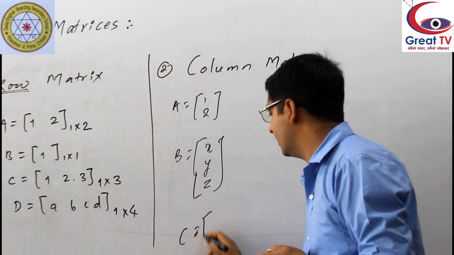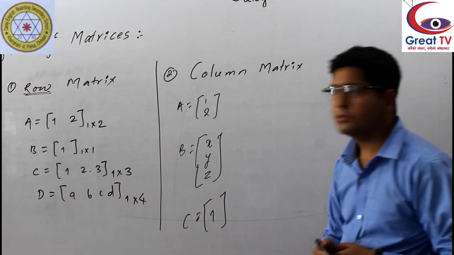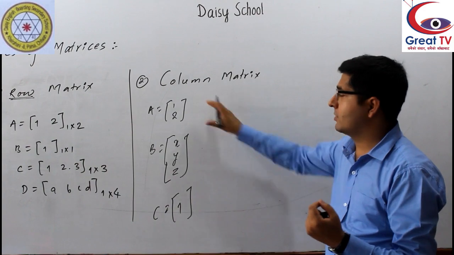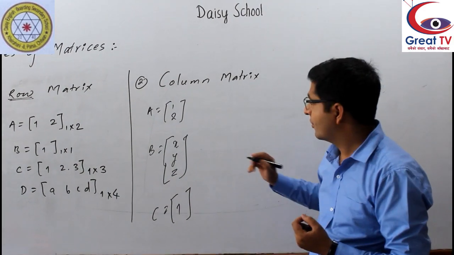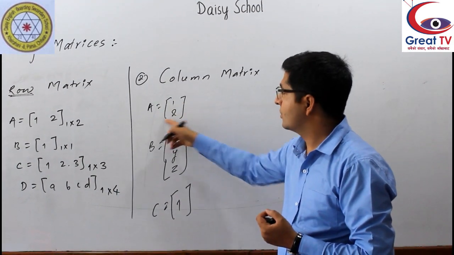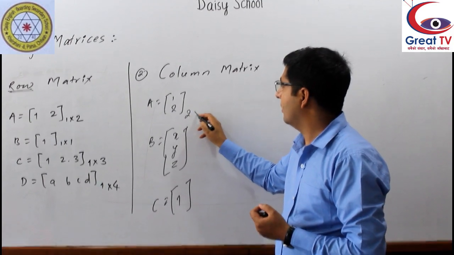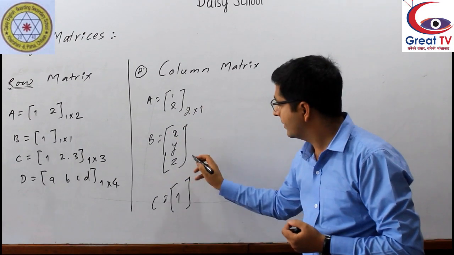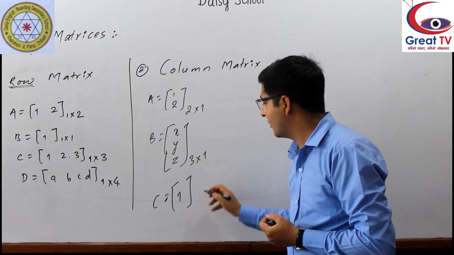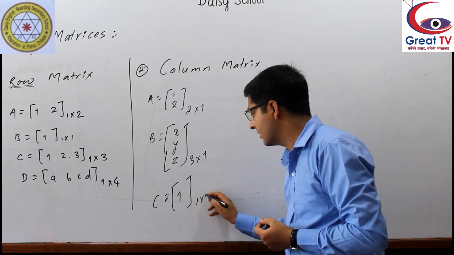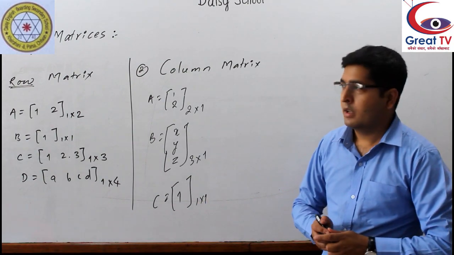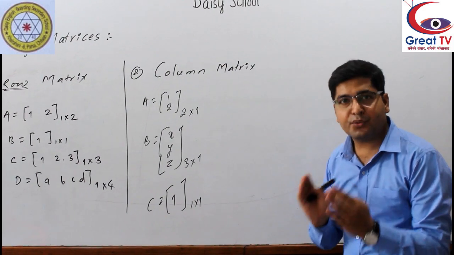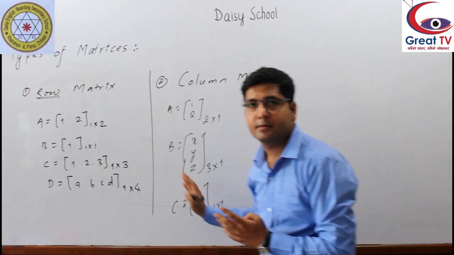Then C equals 1. Now, we have to write the order of these matrices. Order: 1, 2, number of rows 2, 2 by 1, then 3 by 1, and 1 by 1. Students, can you find the difference between these two kinds of matrices?